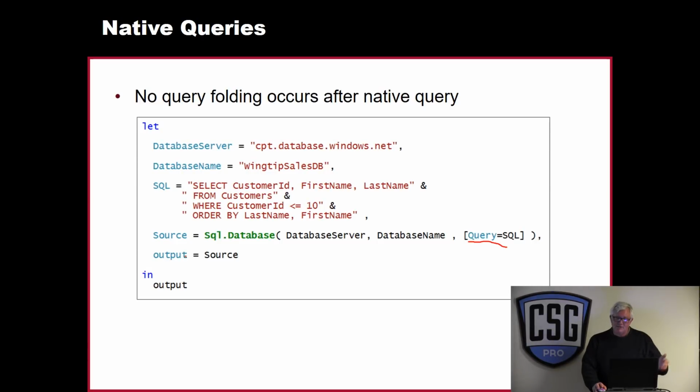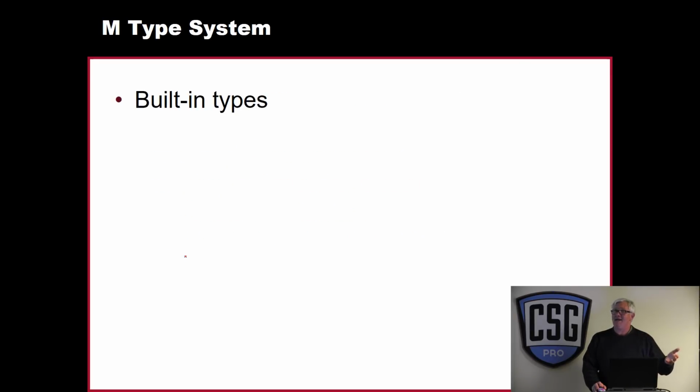And if you're going to use these, I won't use them as my first choice. You might find some scenarios where you have to, or you need to call a stored procedure. So there are cases where we find ourselves, this is our only choice. But in general, if you just let the mashup engine work with tables and let it figure out the SQL statements, generally that is what's preferred as you're creating things inside there.